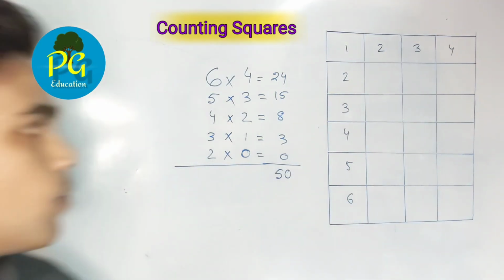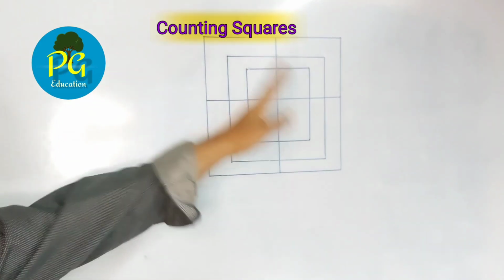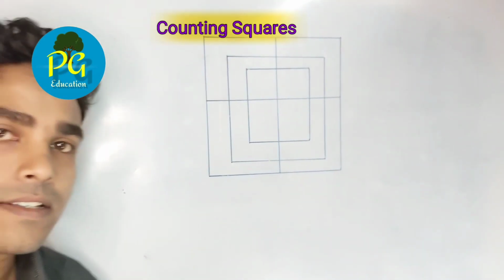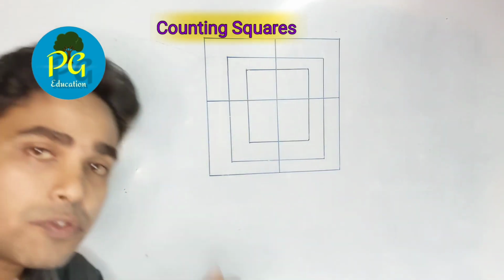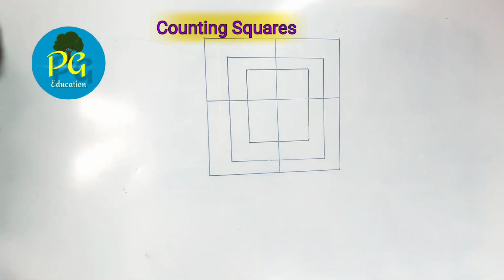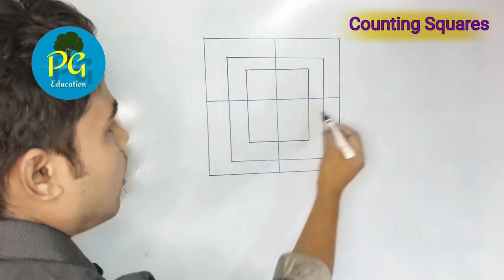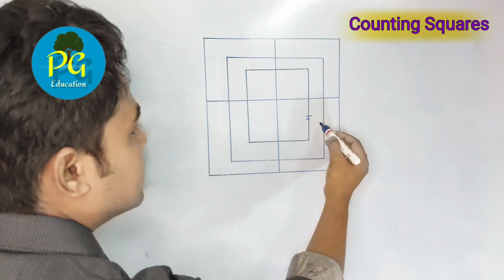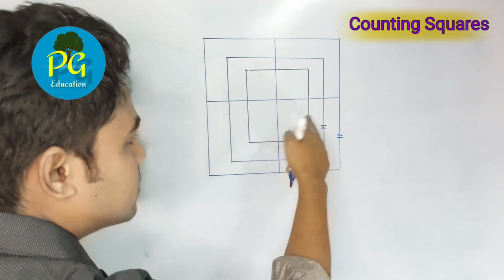Understood? So next type. In this diagram, if I ask you how many squares are there, can you count it? You can count it, but if I ask you to count it within a few seconds, then you have to know the short trick. What is the short trick? Here you have to count how many squares are there. There are 1, 2, 3 squares.